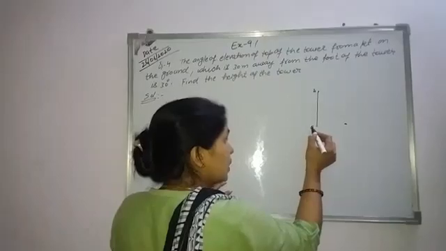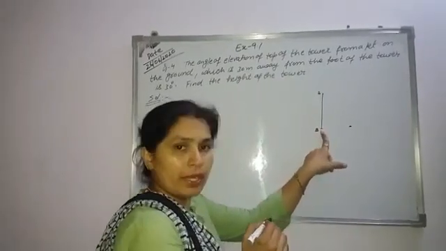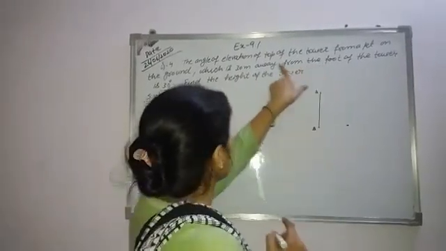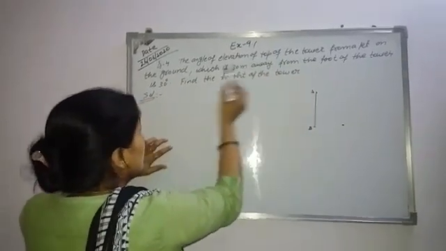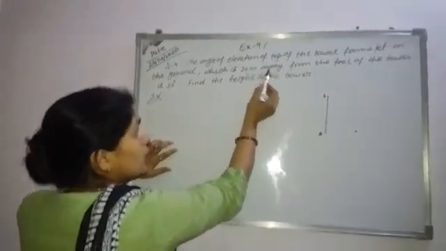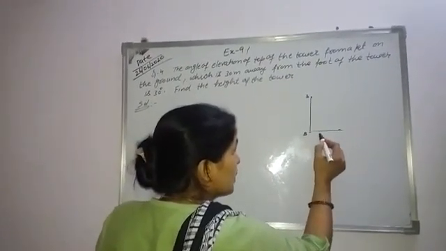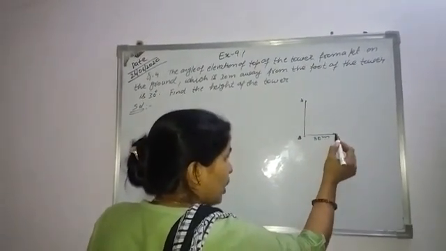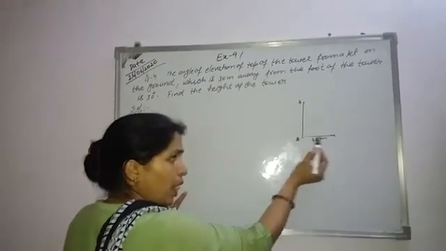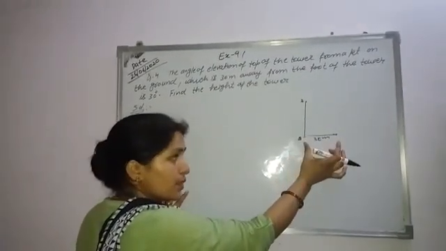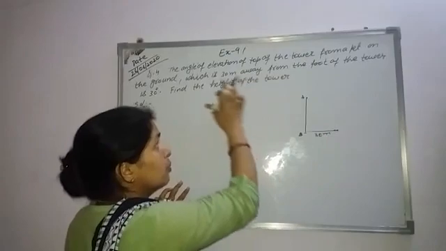The point on the ground is 30 meters away from the foot of the tower. So this distance is 30 meters.